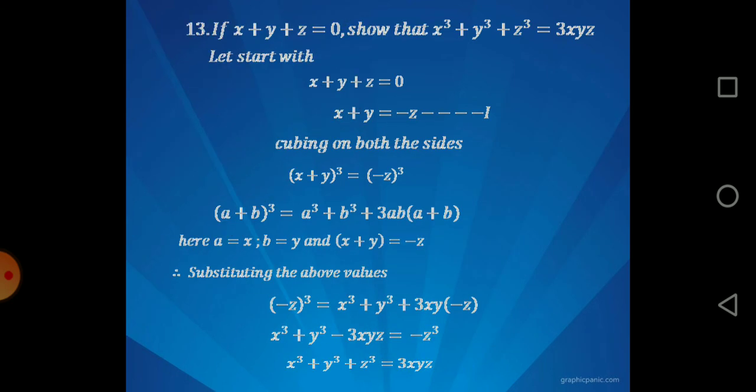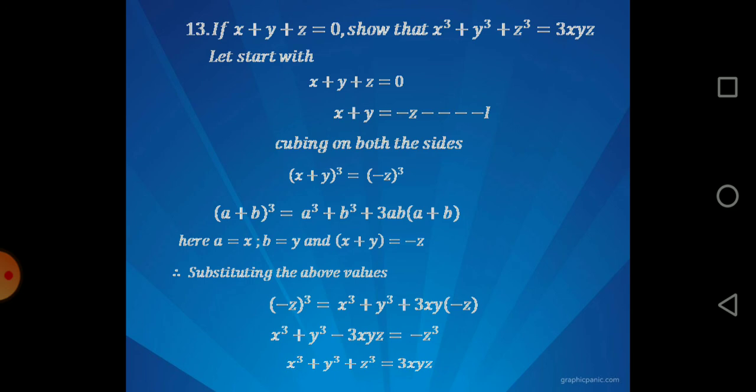Now this is the 13th question, which is very important. You will get this question definitely in every exam. This question I already explained to you while explaining today's first identity. Today's first identity is x plus y plus z of x square plus y square plus z square minus xy minus yz minus xz is equal to x cube plus y cube plus z cube minus 3xyz.